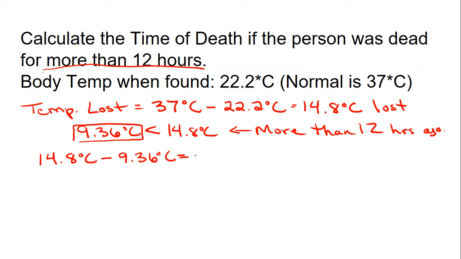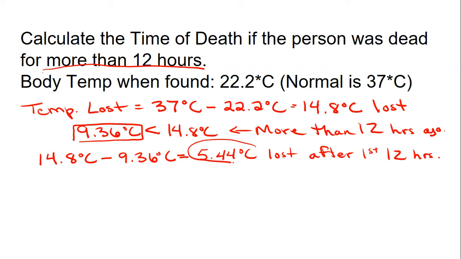And so the difference is that there was 5.44 degrees Celsius lost after the first 12 hours. And this is what we need to use to calculate with the new rate.